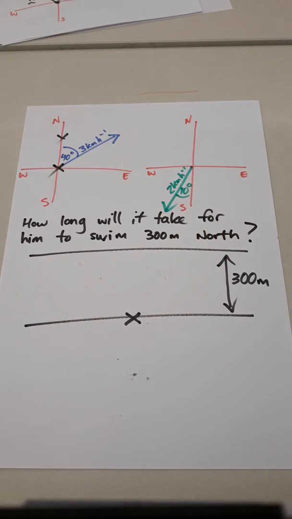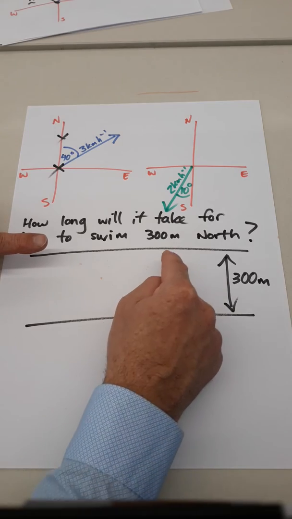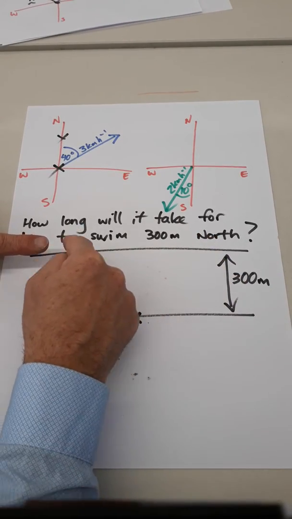You can swim east and west as far as you like, but if there's someone looking at him from this direction here and someone else looking straight in a line from that direction, they wait until he's hit that line. How long does that take until he hits that line?